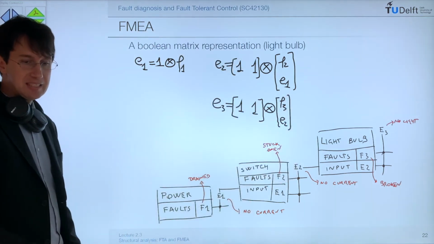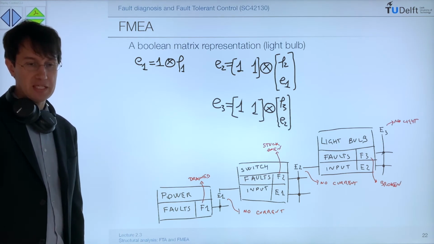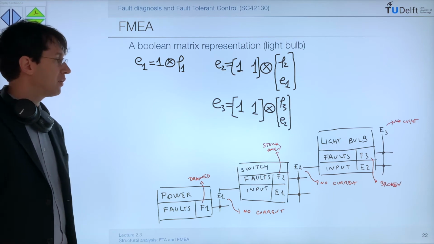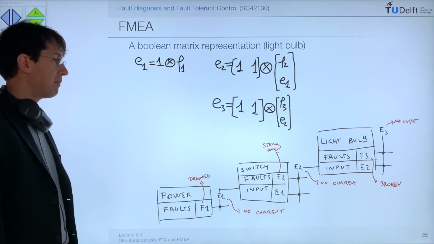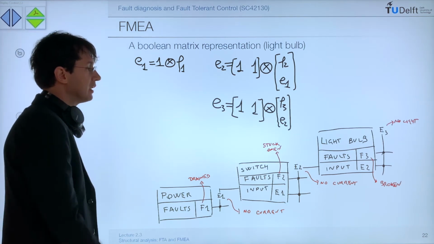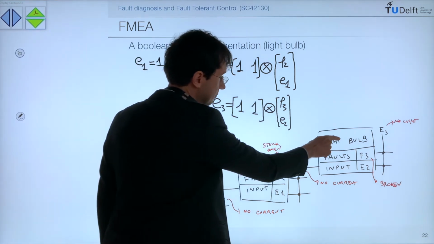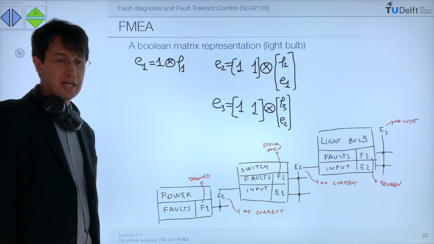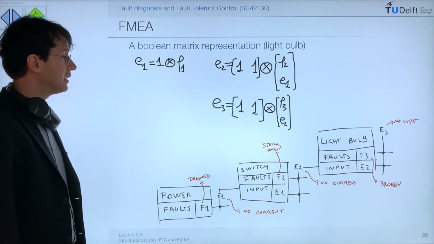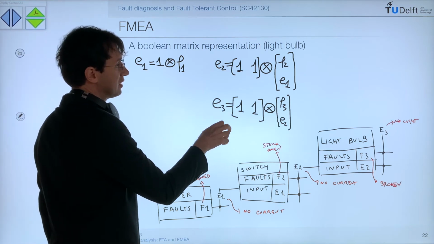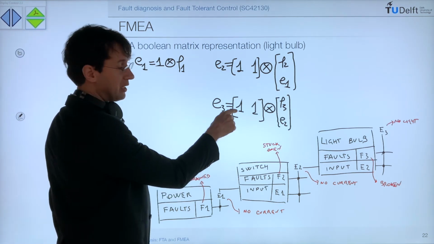Okay, so this is the mapping between faults and effects at each component. But actually, we would be interested in a mapping between E3 and the individual faults. So in order to do that, we simply need to do a substitution starting from the last level.